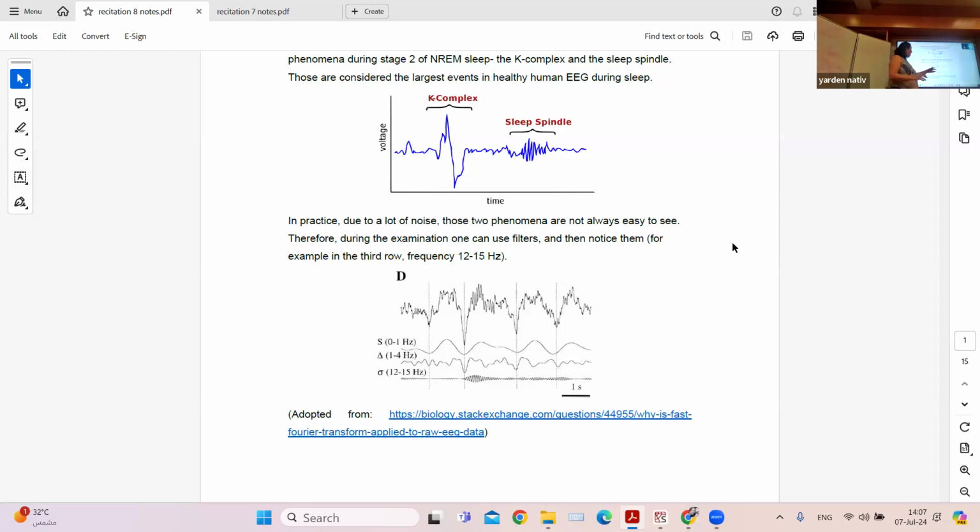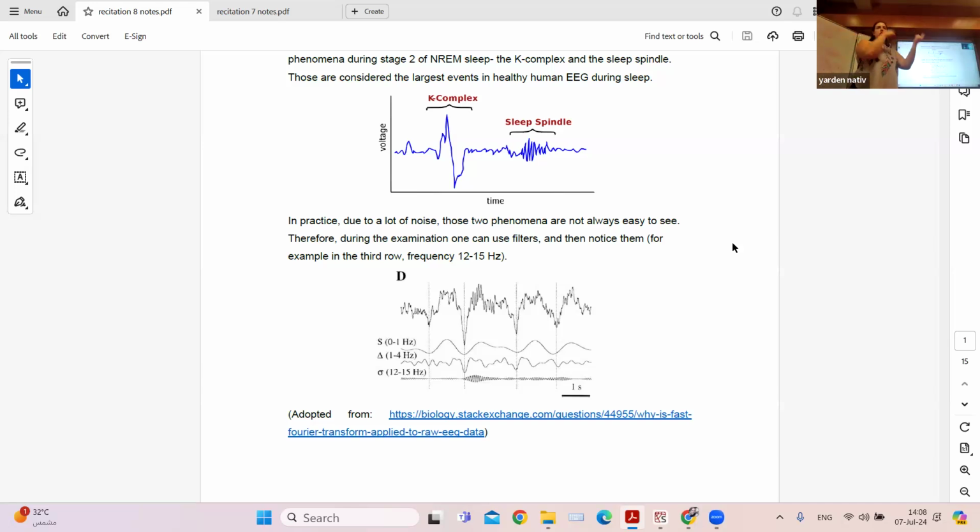At 1 to 4 hertz, this is the wave, and here the sigma is 12 to 15 hertz, and of course, here we see the spindle, right? This one is the spindle at 12 to 15 hertz, and it is impossible to see it here due to the noise. So only when you filter can you see that. What we understand the filter is doing is that we take the signal from the time domain to the frequency domain, and then we take it back.